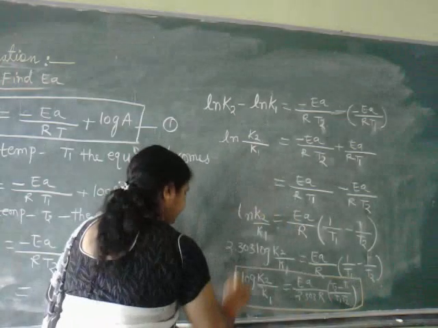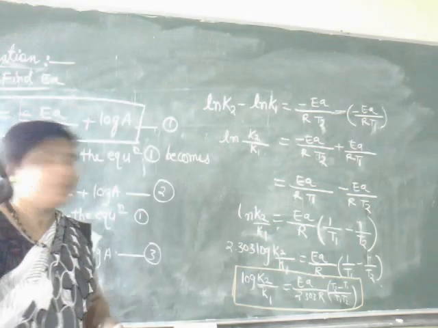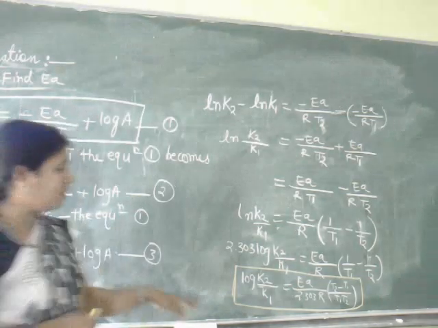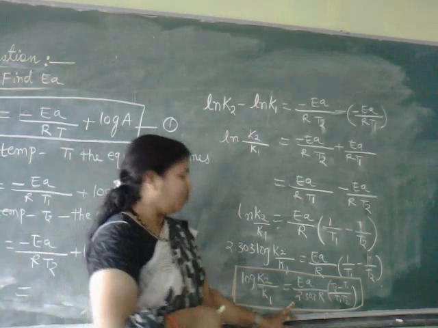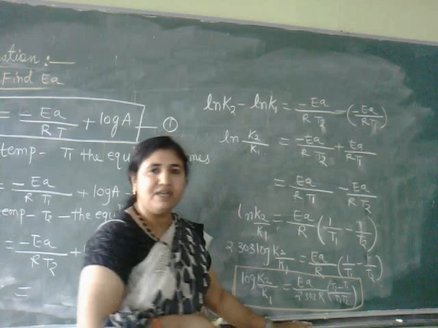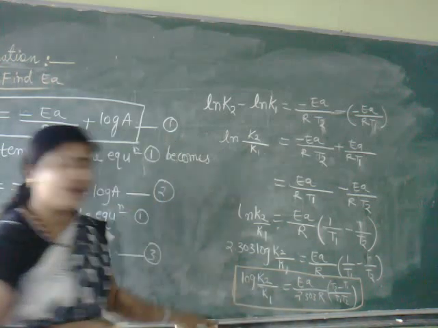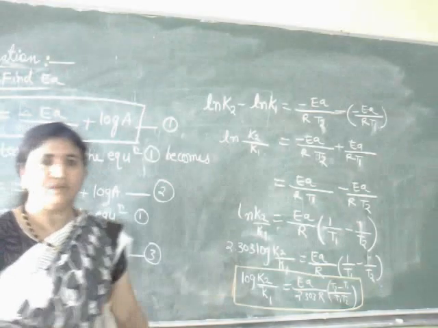This equation is the final equation for the RMS equation at two rate constants. If you have two rate constants, then the formula will be log K2 by K1 is equal to Ea by 2.303 R times T2 minus T1 divided by T1 T2. This is the formula for two rate constants. If they give them, then we can use this formula.